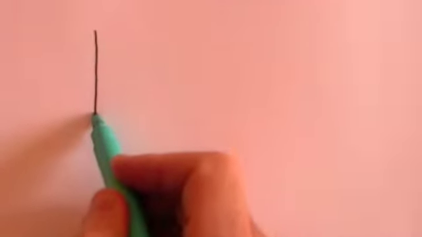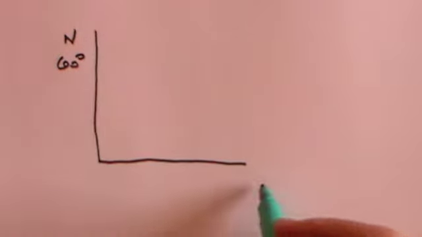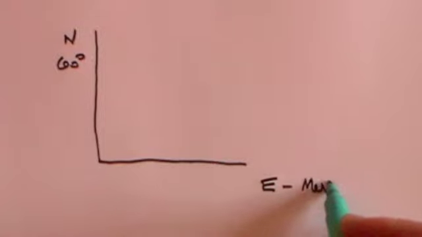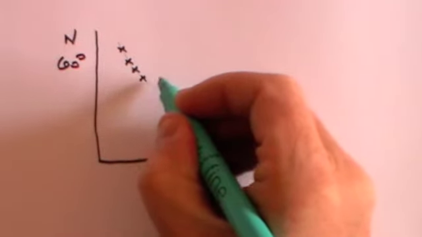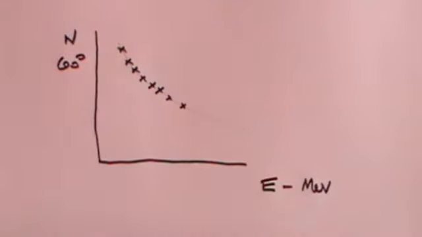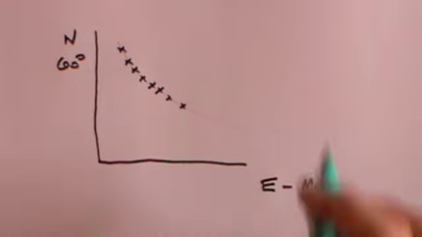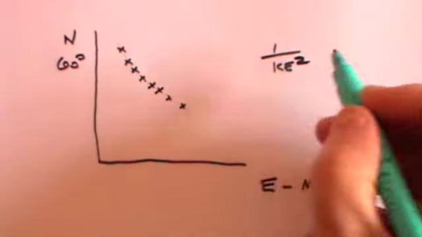And here's the results that were obtained. If you plot the number of alpha particles at 60 degrees, it was always at 60 degrees, against the energy in MeV, what they found was that the data points all fell on an anticipated curve which looks like a 1 over KE squared curve, which is exactly what you'd expect.